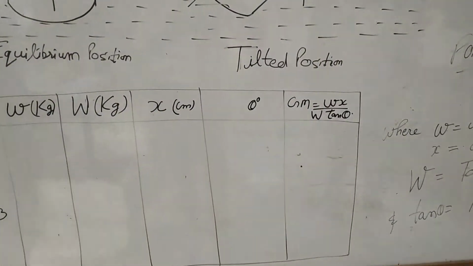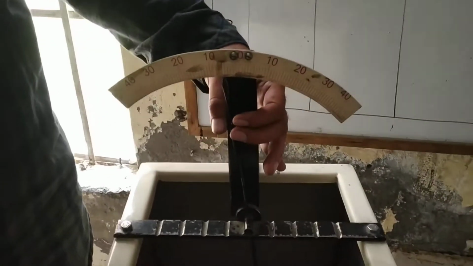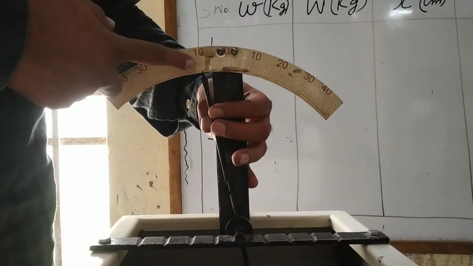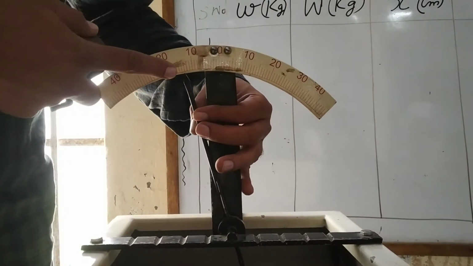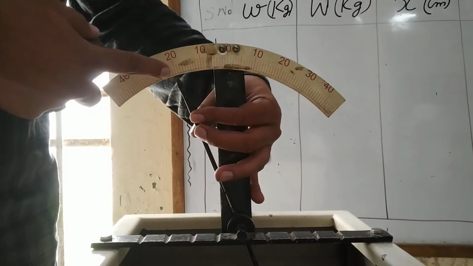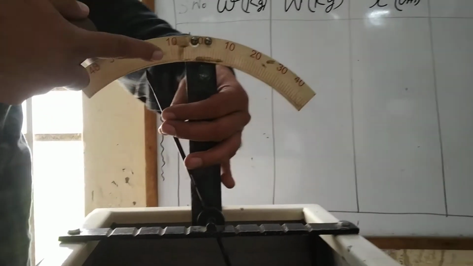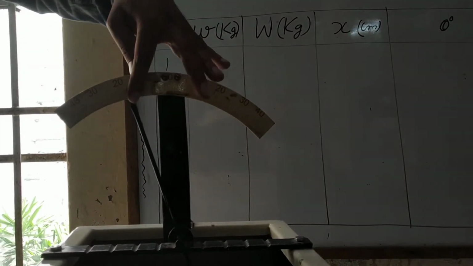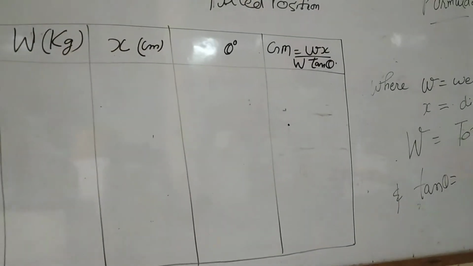And theta is the angle to which the ship tilts when you apply a weight. Suppose it tilts to 10 degree, or 20 degree, 30 degree, and so on. When you apply weight, it will get tilted and give you a reading on this scale: 10 degree, 20 degree, 30 degree and 40 degree. So theta will be the value of this.